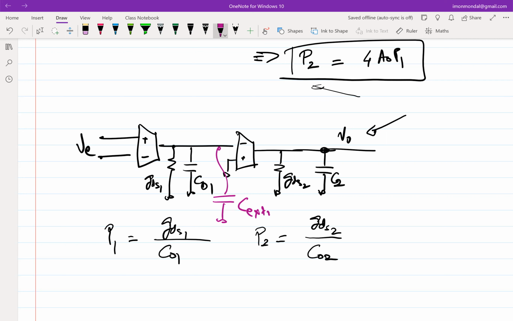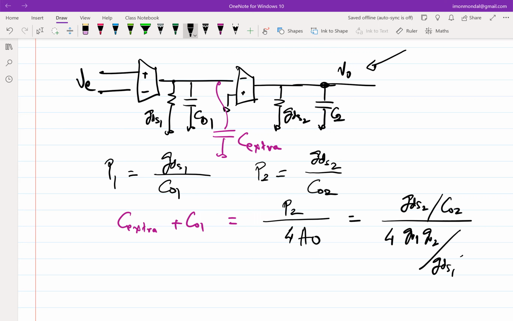So what is P2? This is GDS2 by C02, by 4 GM1 GM2 by GDS1 GDS2.